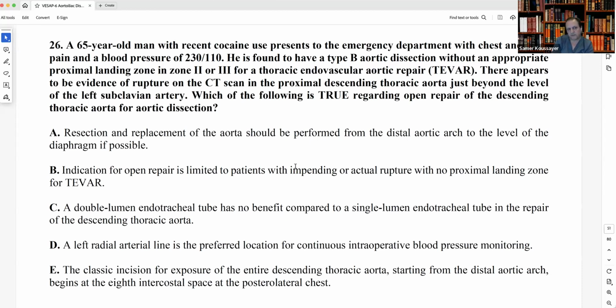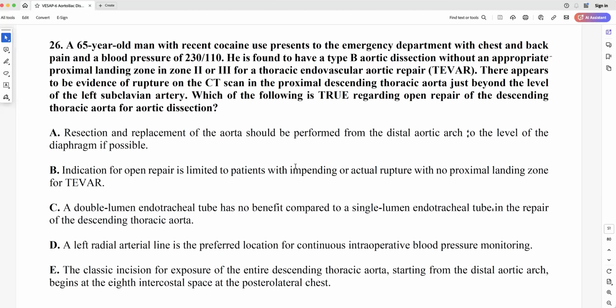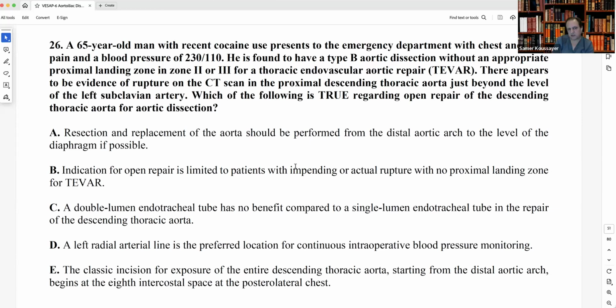All right, next one. B: indication of open repair is limited to patients with impending or actual rupture with no proximal landing zone for TEVAR. Yes, this may be correct. It's limited because TEVAR is always our first choice.